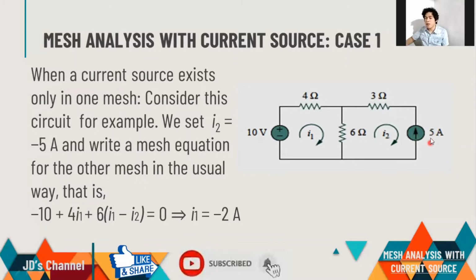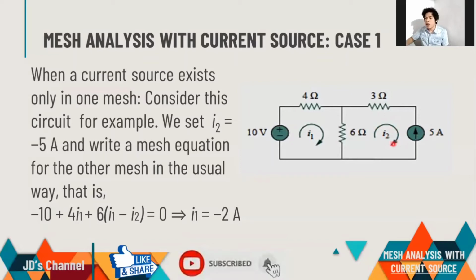But if, class, halimbawa, wala pa siyang value, let's say I sub O, mangyayari niyan, I sub 2 is equal to negative I sub O if wala pa siyang value. Or pwede mo ding ilagay, I sub O is equal to negative I sub 2. Yun po yung rule noon.